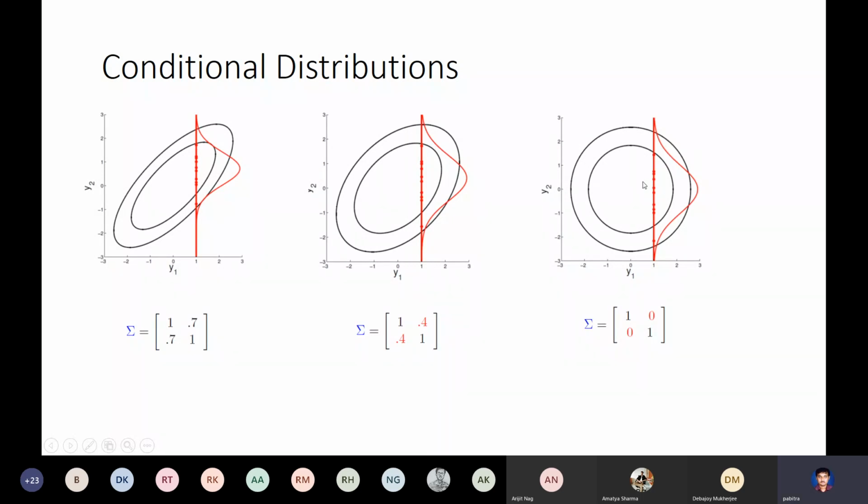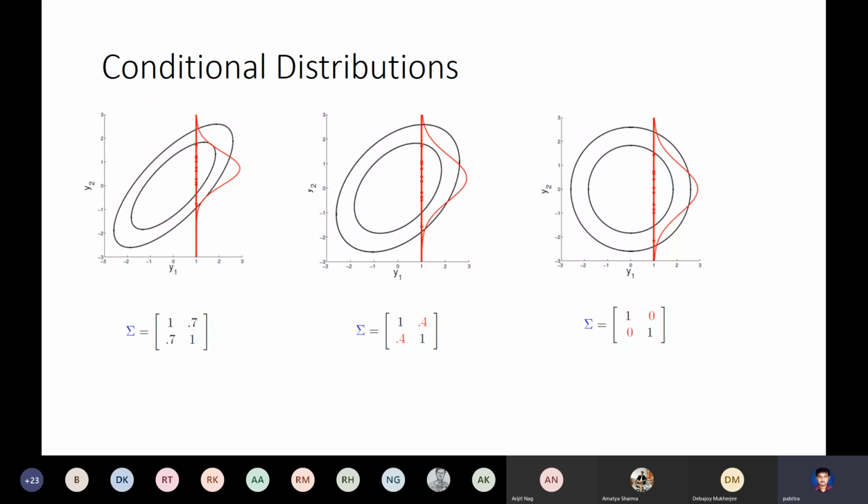Whereas if there is no correlation between y1 and y2, the variance of the conditional is the same as before, same as the joint distribution. There is no variance reduction if there is no correlation. One way of looking at this: given y1, what information do you have about y2? The more the variance, the less precise is your information.